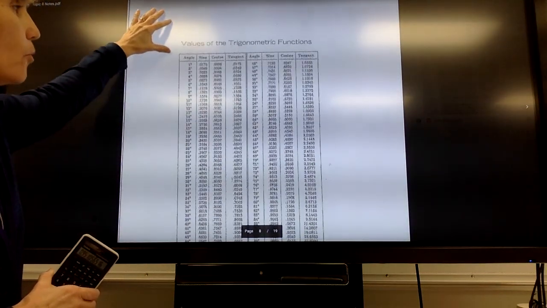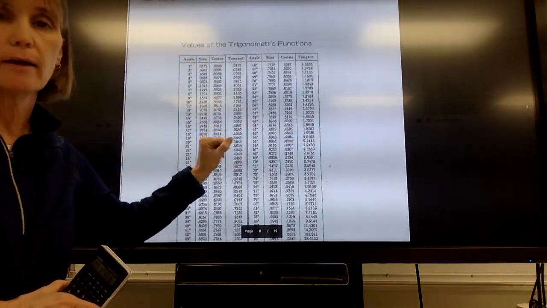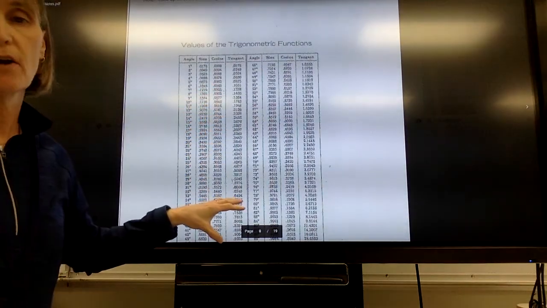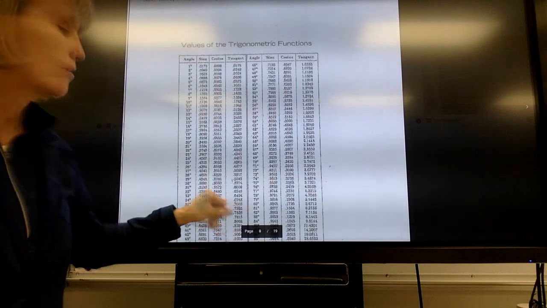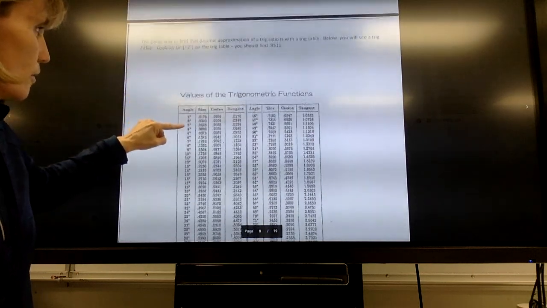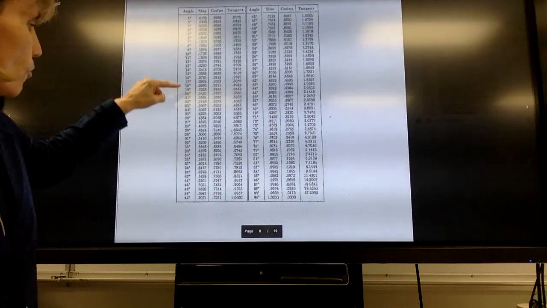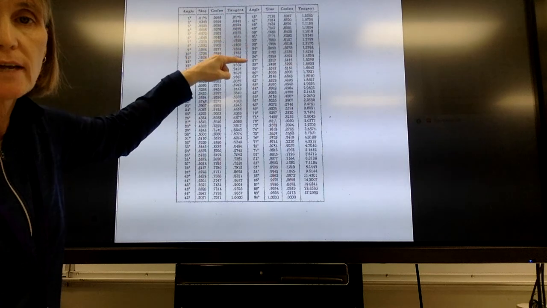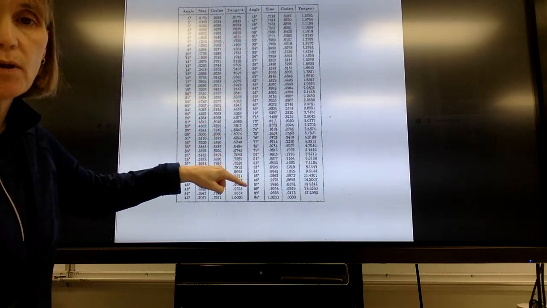Okay, there's a table located in your packet. If you don't have access to a calculator, you can use this table to find your sine, your cosine, and your tangent values. So again, we did a 72-degree angle. We've got angles up here through 45 degrees, and then over here on the right side of the table are the rest of the degrees up through 90.